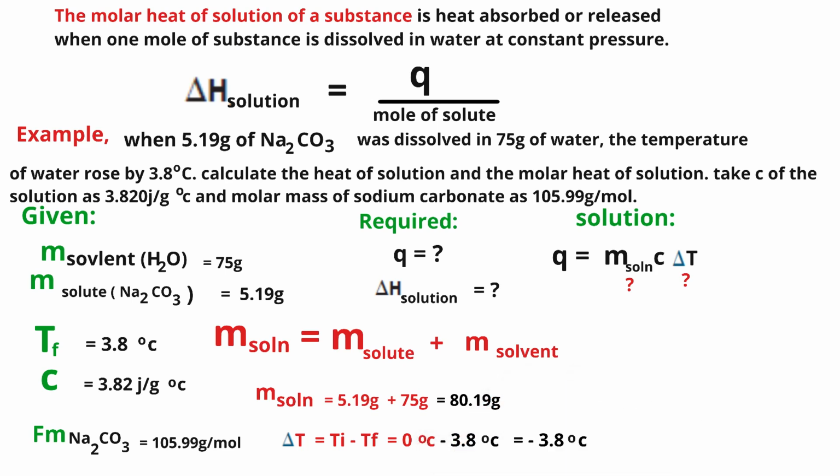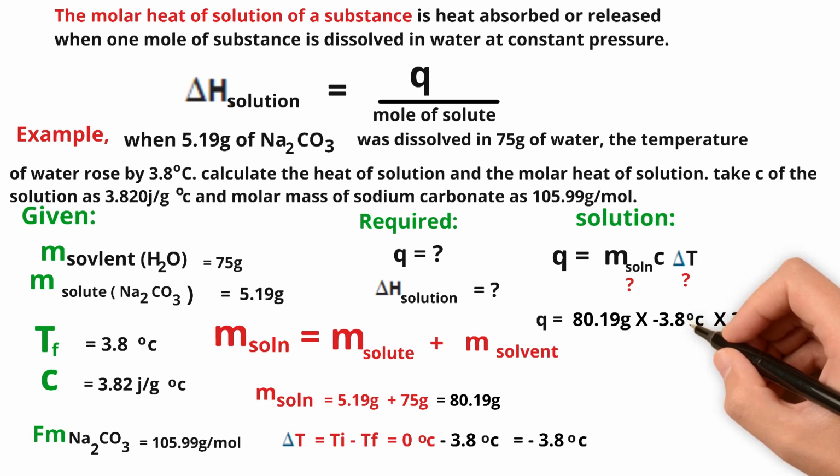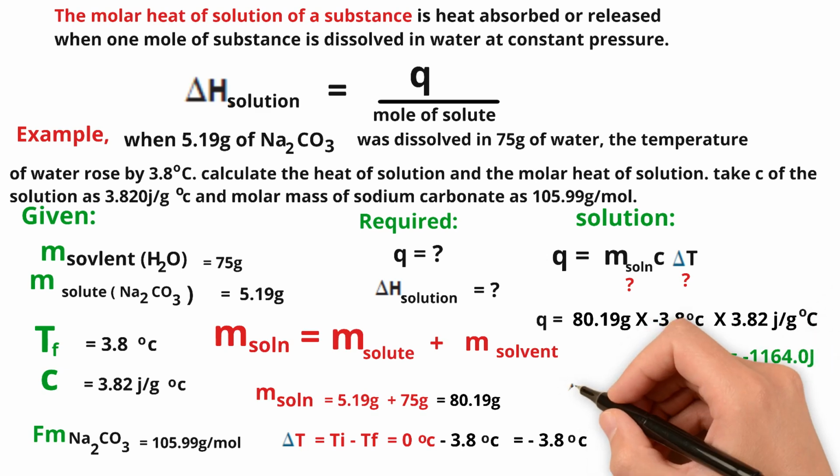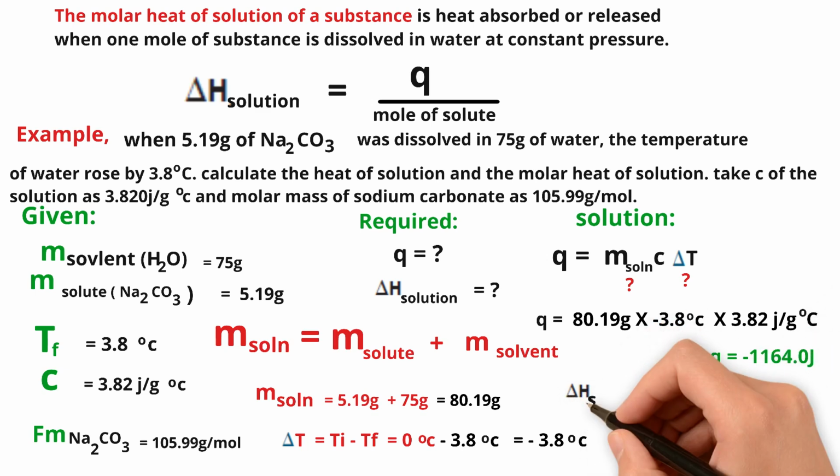Heat of a solution is equal to 80.19 gram into minus 3.8 degrees Celsius into 3.82 joule per gram degrees Celsius. After calculation, heat of a solution is equal to minus 1164 joule.